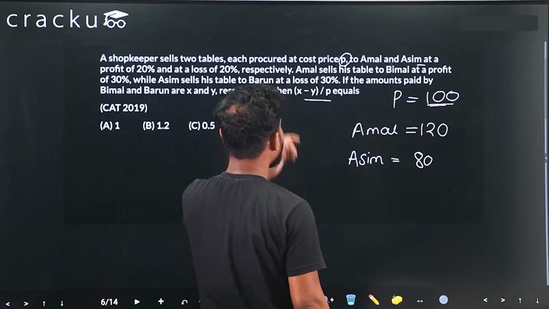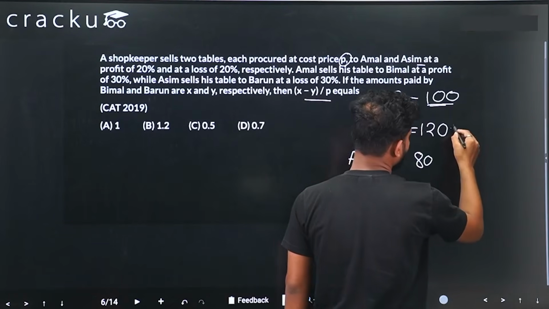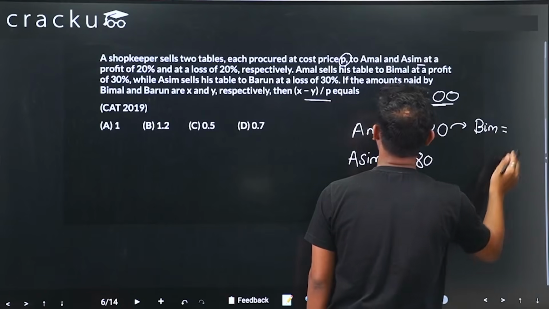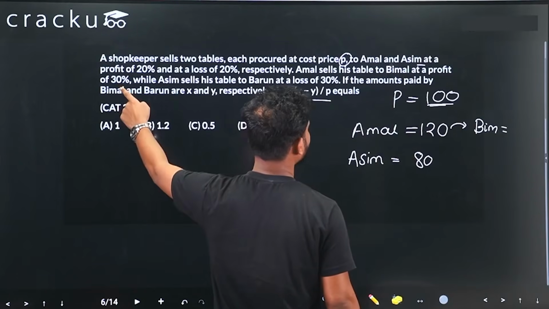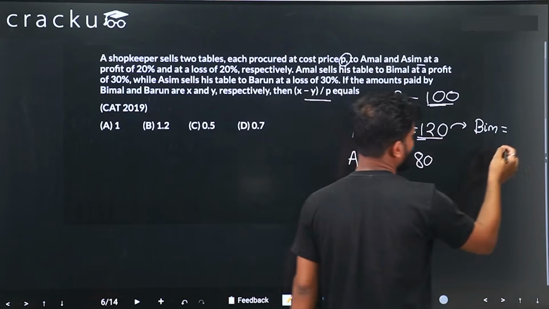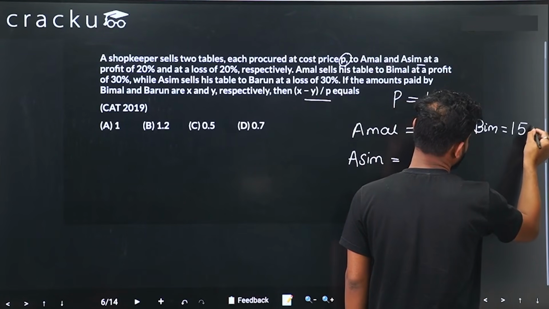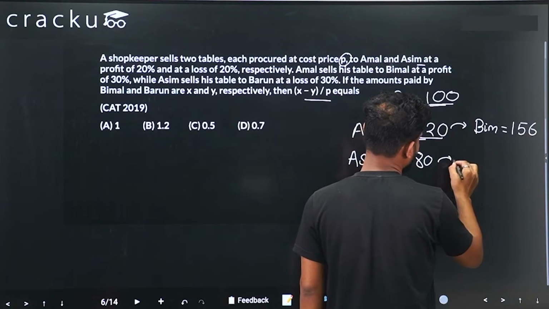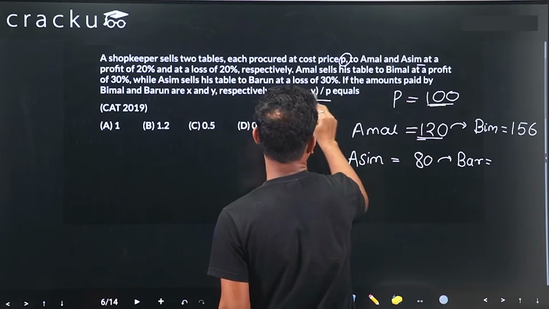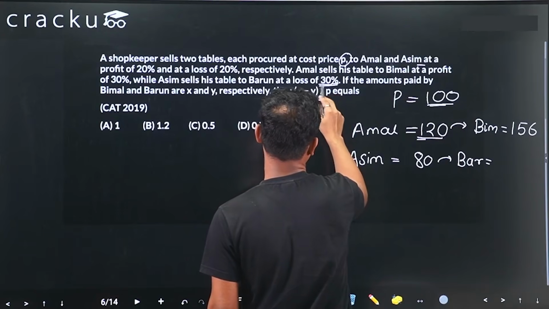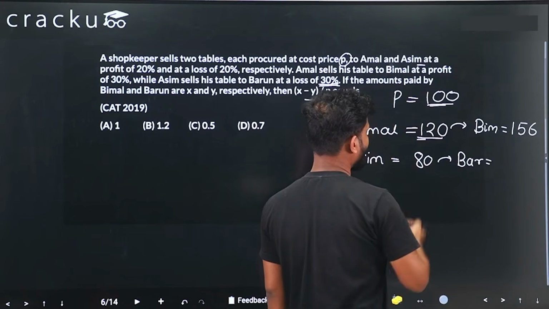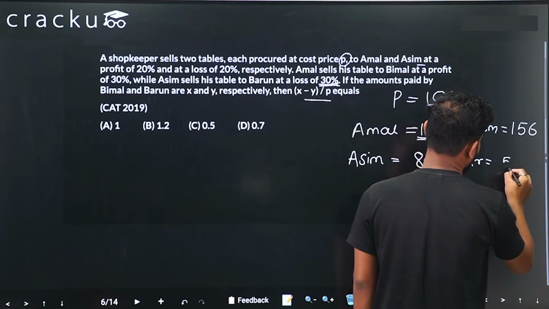Now Amal sells this to Bimal at 30% profit. So 30% extra on this is 36 extra. It means 156. Similarly, he is selling this to Barun at 30% loss. So 30% of 80 is 24, and 80 minus 24 is 56.